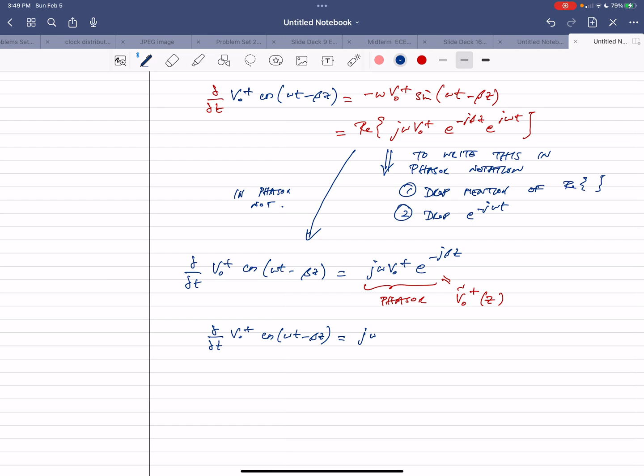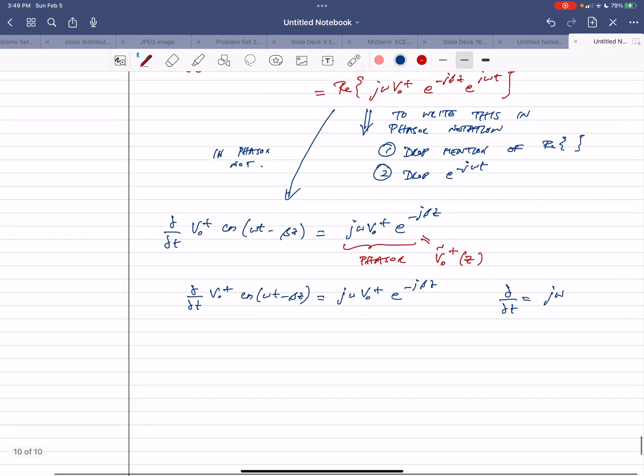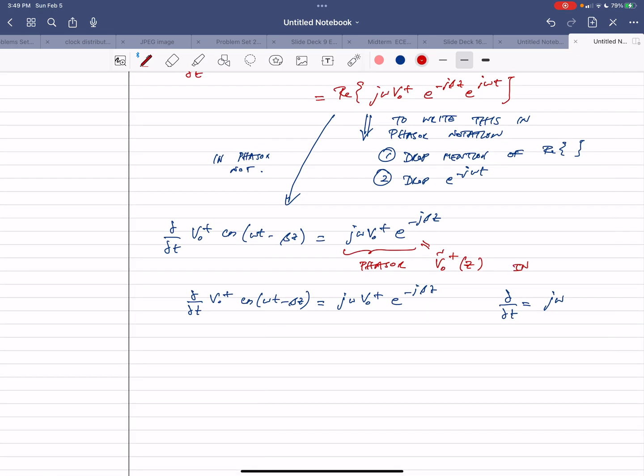So in phasor notation, j omega V0 plus e to the minus j beta z. So in phasor notation, the derivative with respect to t is going to look like we're just multiplying by j omega. So this is in the phasor domain, in phasor notation.